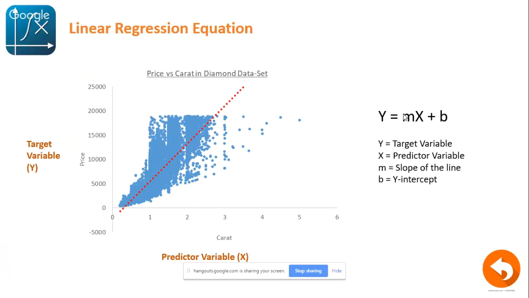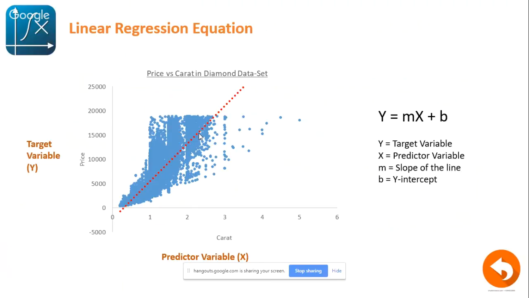M is the slope of the line. B is the y-intercept or the baseline value or the value of y when x equals 0. Now, this is the form of the simple linear regression. We have a target variable and only one predictor variable.